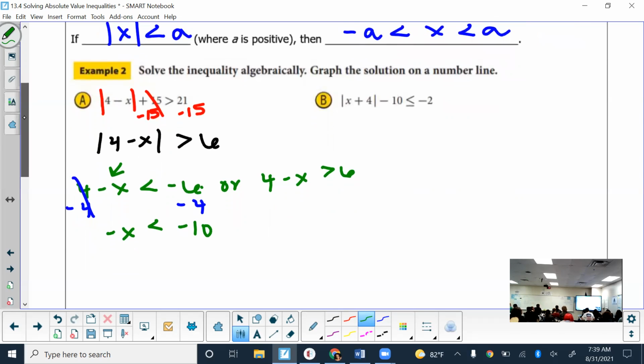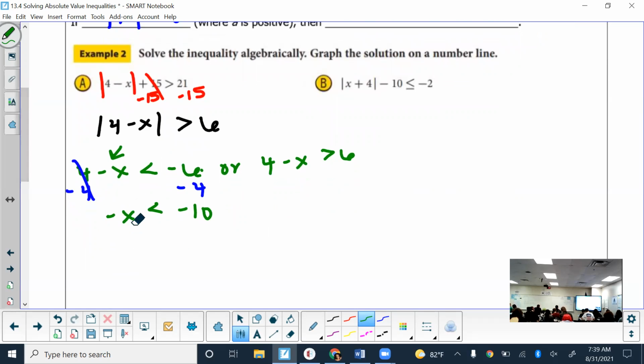All right, are we finished? Is the x by itself? What's next to it that needs to go away? And how do I get rid of that negative? Divide by negative 1. So do that on each side.